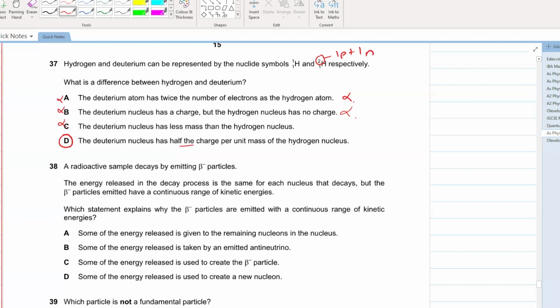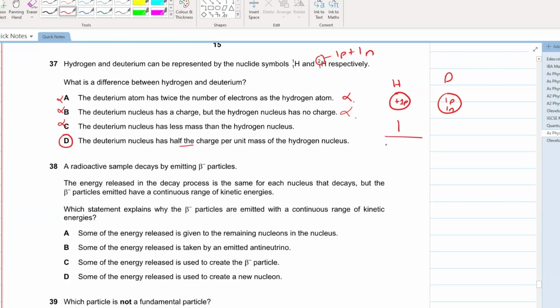The deuterium nucleus has half the charge per unit mass of the hydrogen nucleus. Yeah, this is correct. Why? Because the hydrogen nucleus has one proton only. The deuterium nucleus has one proton, one neutron. Here, mass will only be the mass of proton.